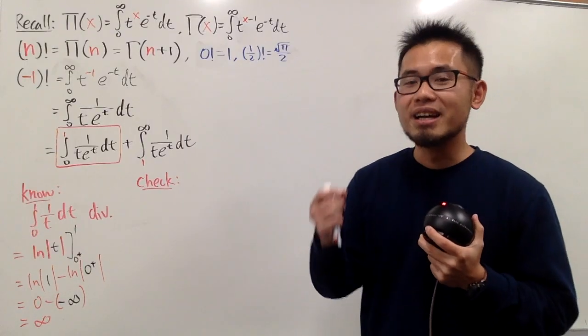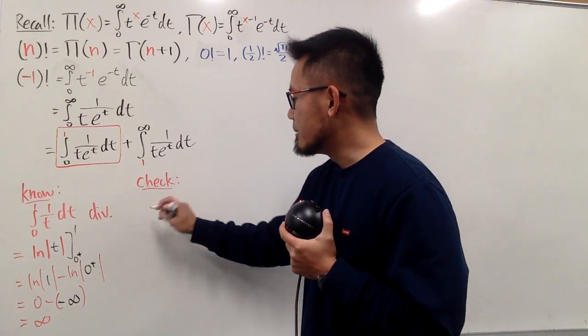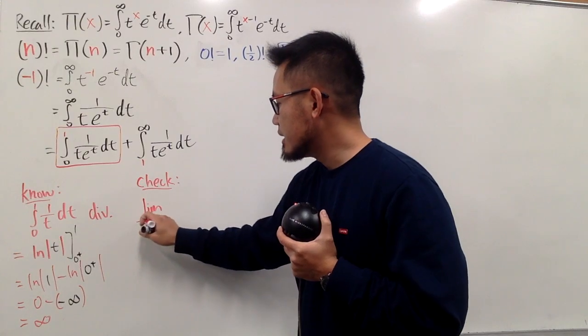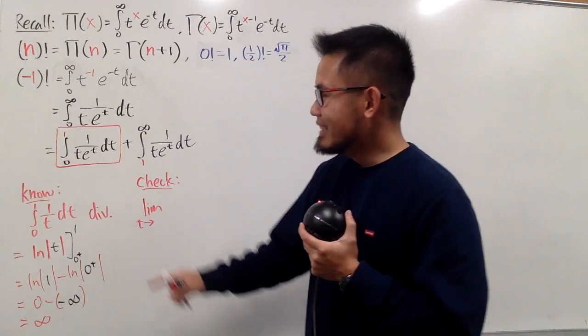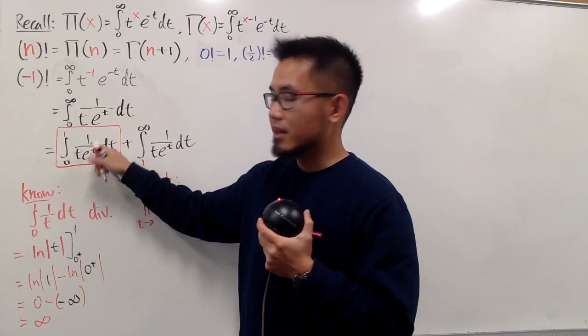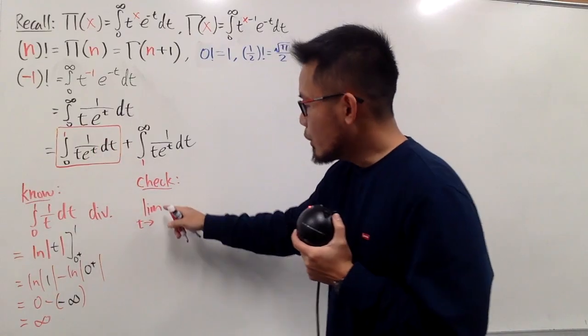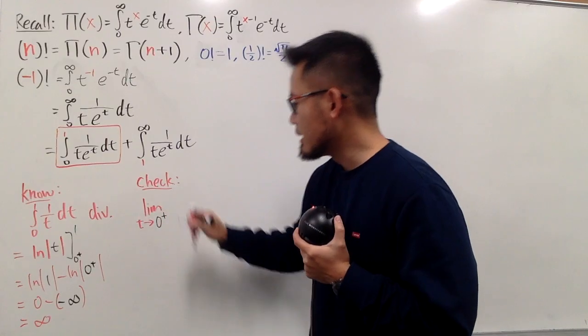We can also check the limit, okay? And that's exactly what I'm going to do. I'm going to check the limit as t goes to, well, goes to what? In this case, you have to remember the 0 is the number that causes the vertical asymptote, right? So we'll take the limit as t goes to 0, and technically it's a 0 plus.